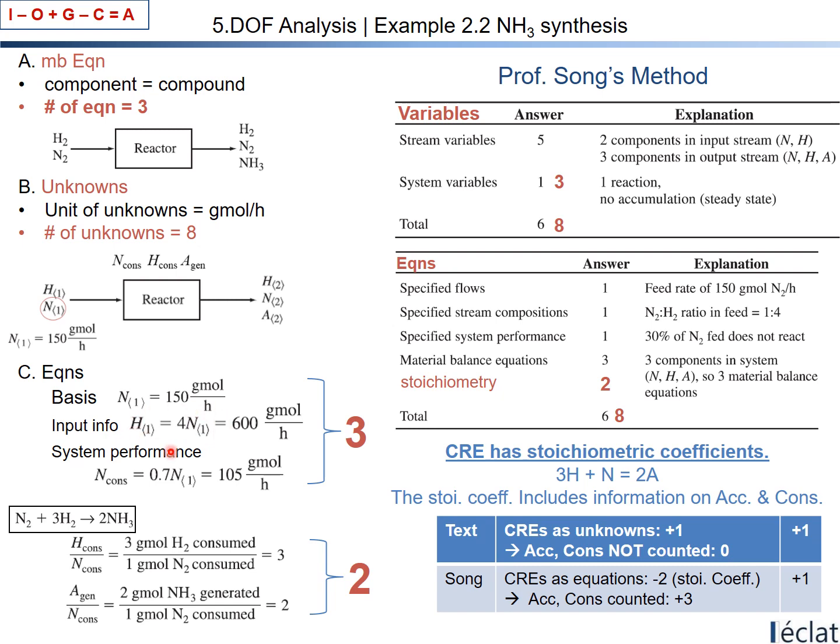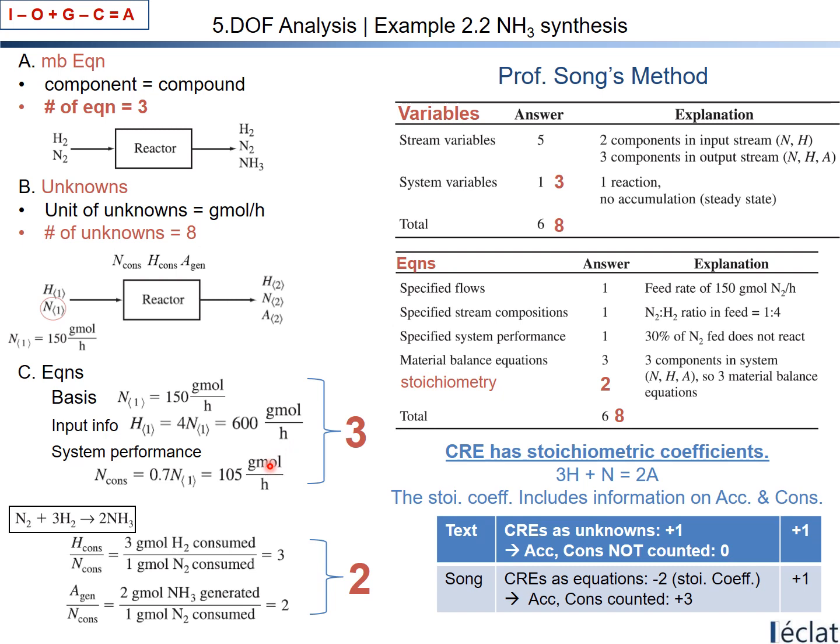So we have one more equation. And the other thing is the system performance specification. The conversion is 70%, or 30% of the input nitrogen is unreacted. So the consumption amount of nitrogen is 70% of the nitrogen amount in the input. Then we have 3 equations.